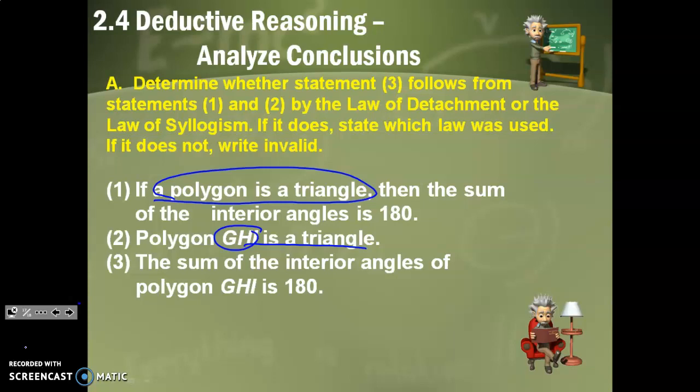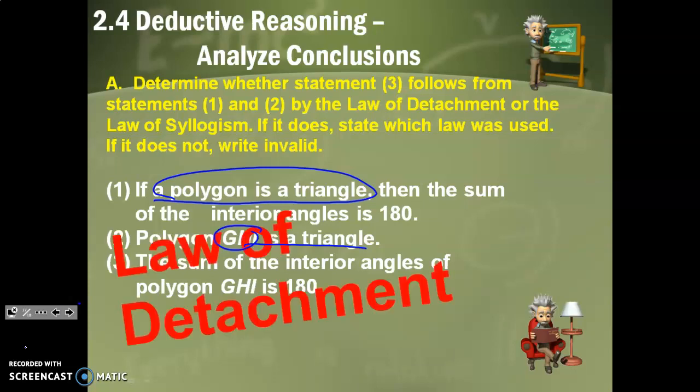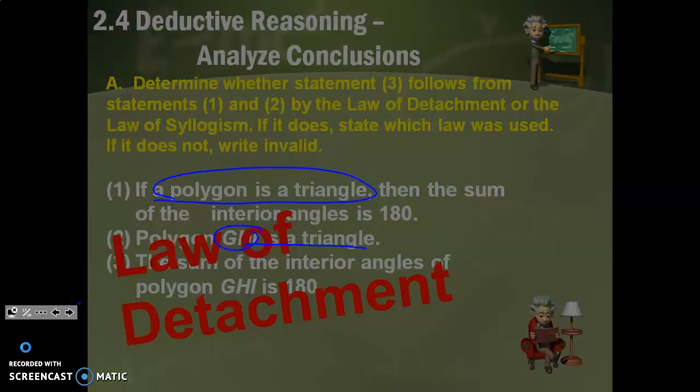So P is true. Well, then if P is true, then we can imply Q is going to be true. So therefore, this is law of detachment. Again, we're detaching the two statements, or taking them apart. One becomes true. We see it happen, and we can go from there.